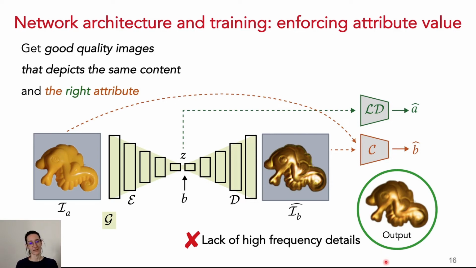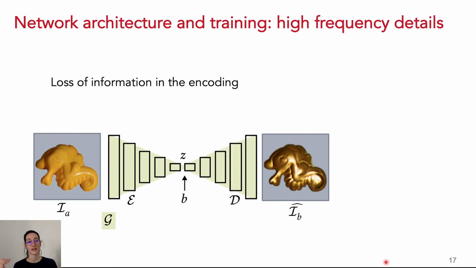Well, why is that? What happens is a very standard problem with encoder-decoder architectures: you lose information about the image in the encoding process. And usually a way to solve this is to use skip connections that will forward features from the encoder part of the network to the decoder part, and that will transfer some high frequency information.